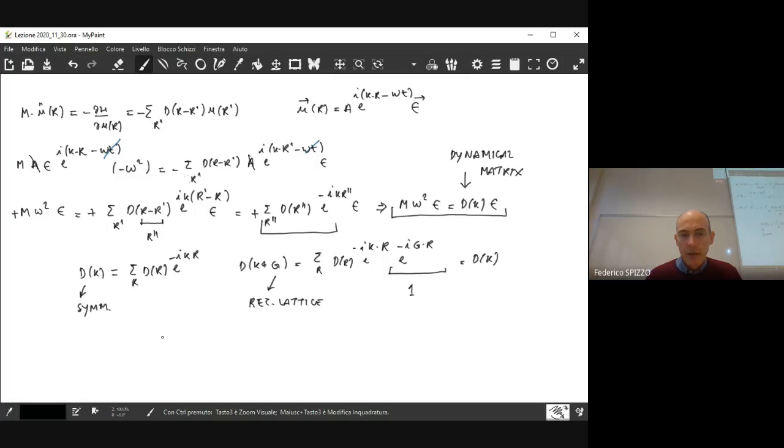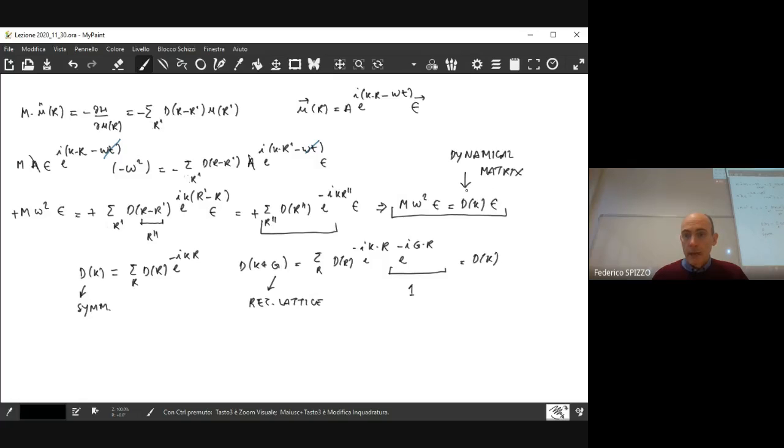So electrons and lattice oscillations share the same volume. So the two problems can be solved exactly in the same volume in the reciprocal space, thanks to the periodicity that both problems have in the reciprocal space.